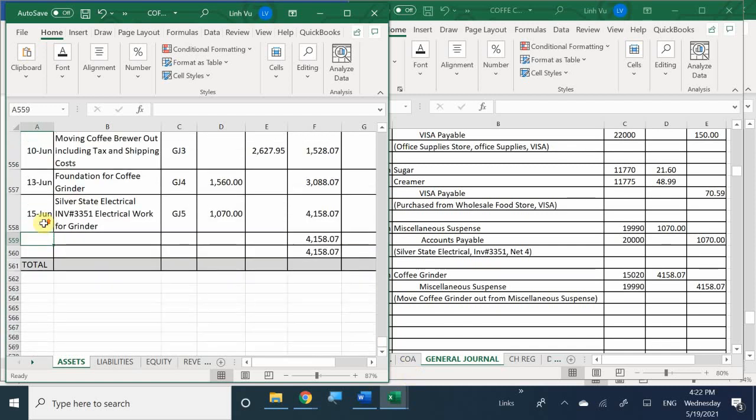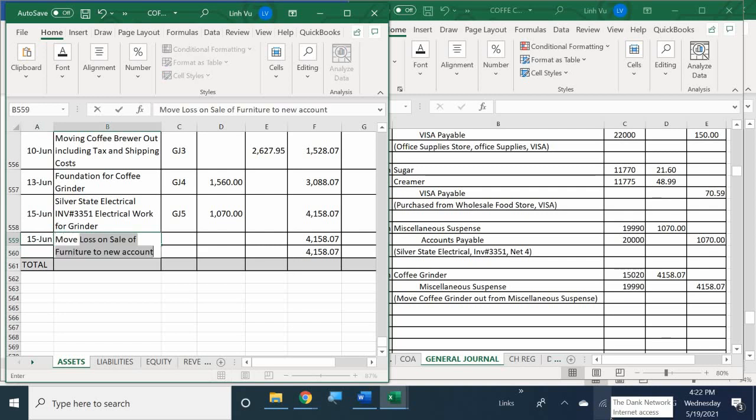Miscellaneous expense. Oops. Move grinder. Someone's gonna help me out with this one. Wording. Move grinder out of miscellaneous. I could just do MI. There you go. Okay.